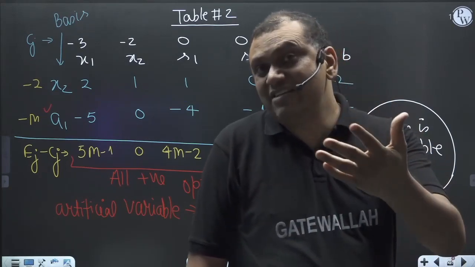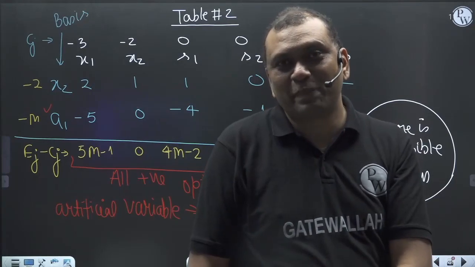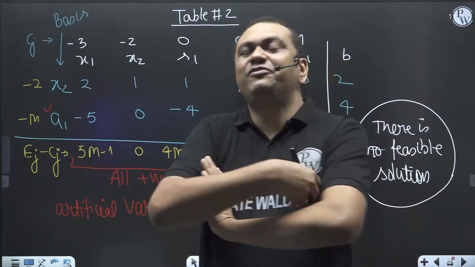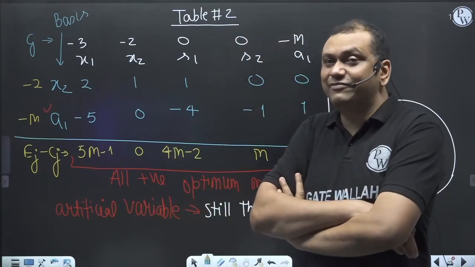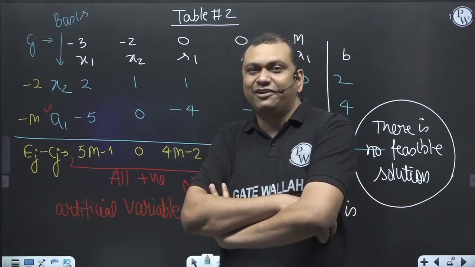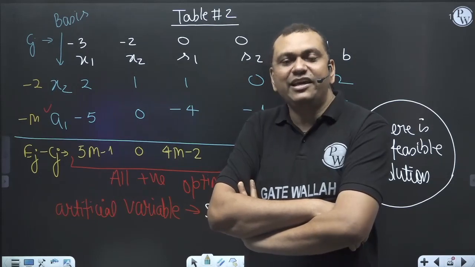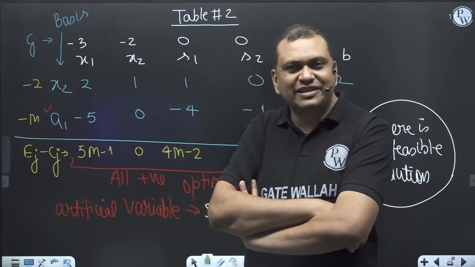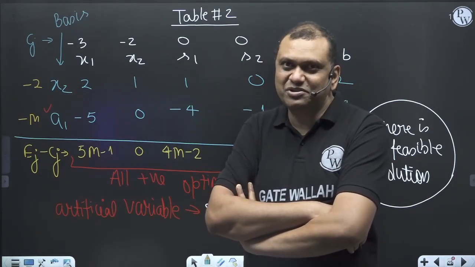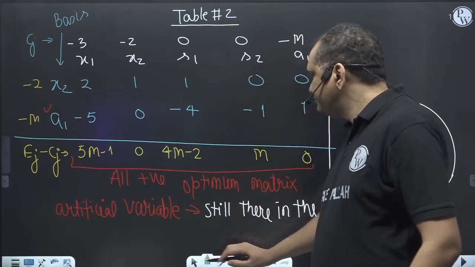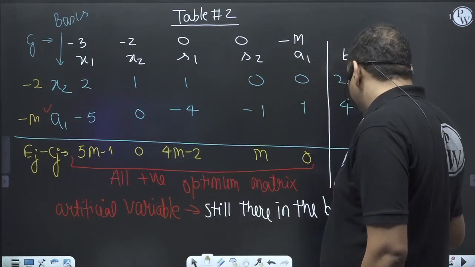But suppose the variables are more than 2. It will not be possible for us to make the graph. But we should know how an infeasible problem looks over the simplex. We should know that. Okay?